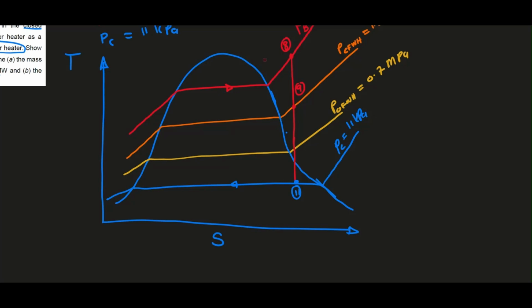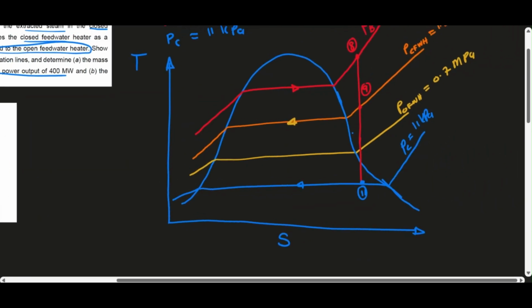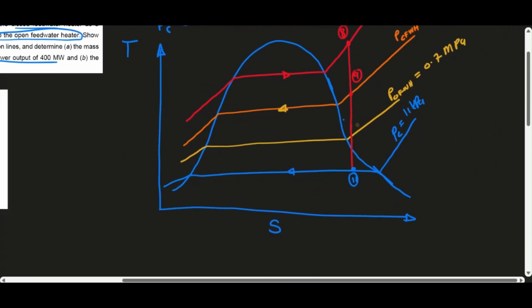We'll have extraction at 9. We'll also have extraction to the open feed water heater at state 10, or at point 10.